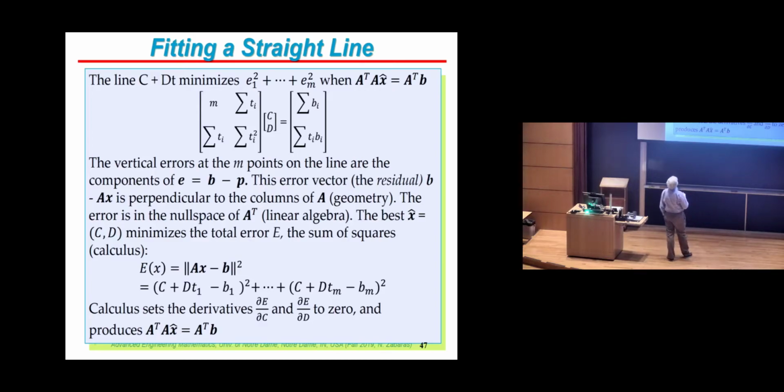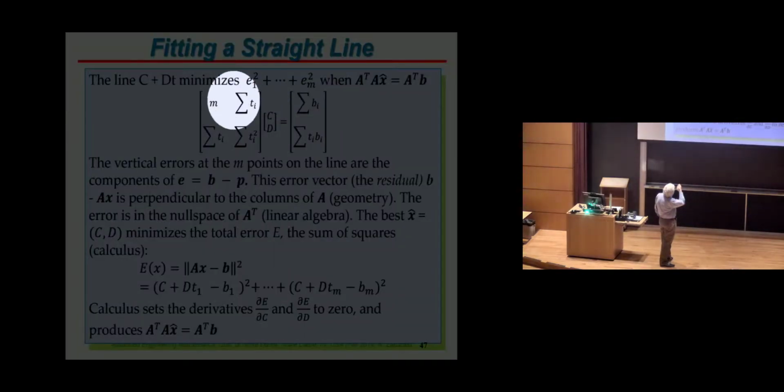A few observations now. I don't have to do any algebra; I just told you that for this linear regression problem, this is how the A transpose A matrix looks.